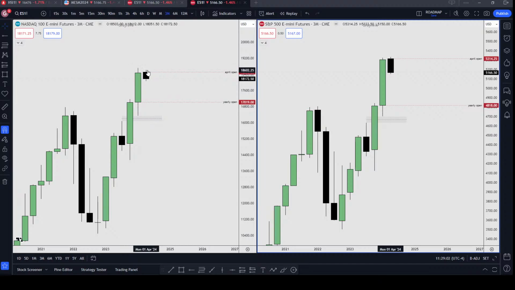Whenever there is an SMT, I'll be looking for a shift in the current order flow. So because right now the current order flow is bullish, this SMT provides a possibility that price is going to trade in the opposite direction.